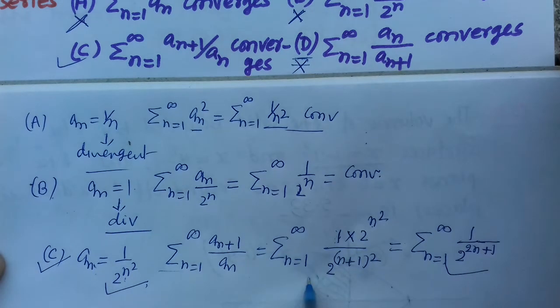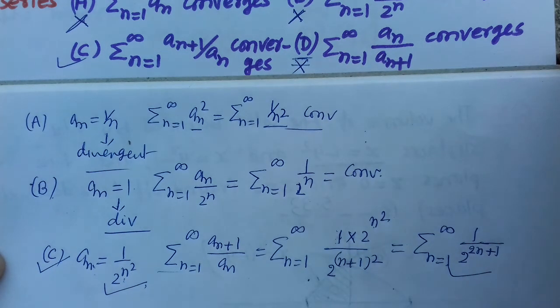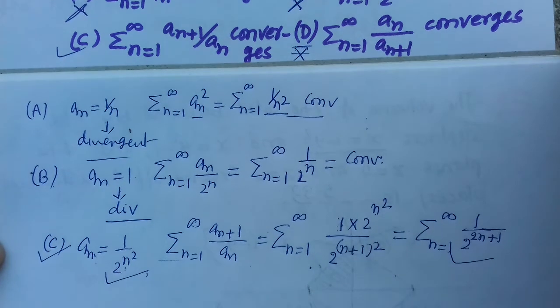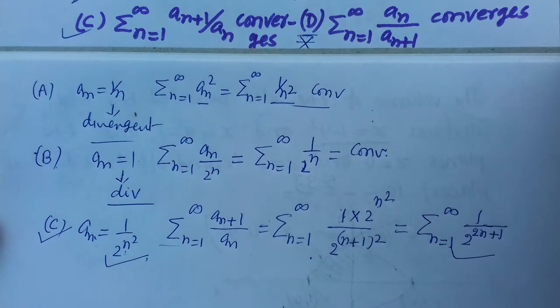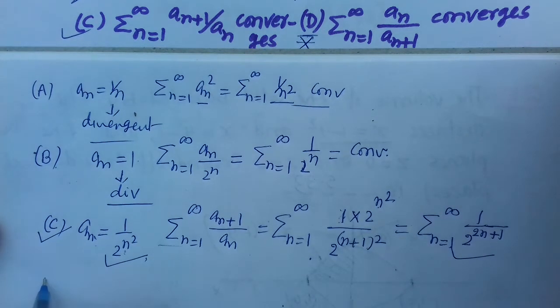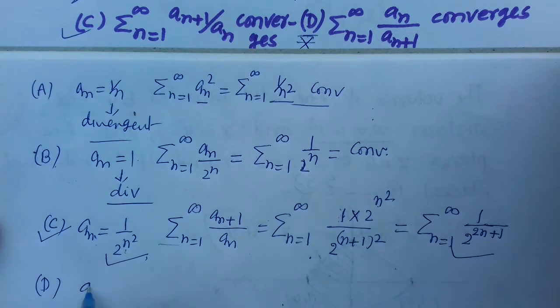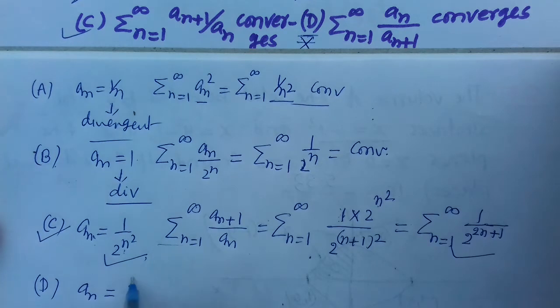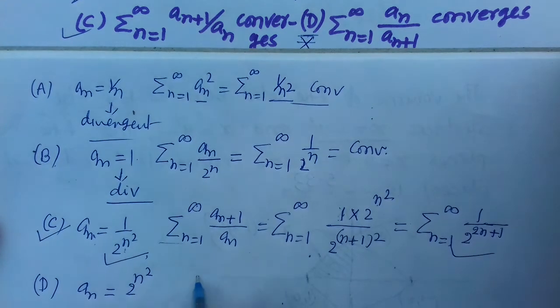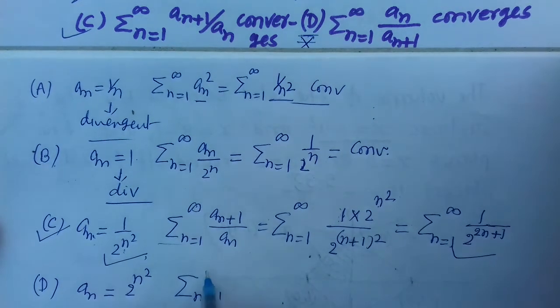For this example, whenever you use examples to choose the correct option, you have to prove the 3 other options wrong. So we have to prove D a wrong option. For D, we take a_n equals 2 to the power n squared, and let us find this.